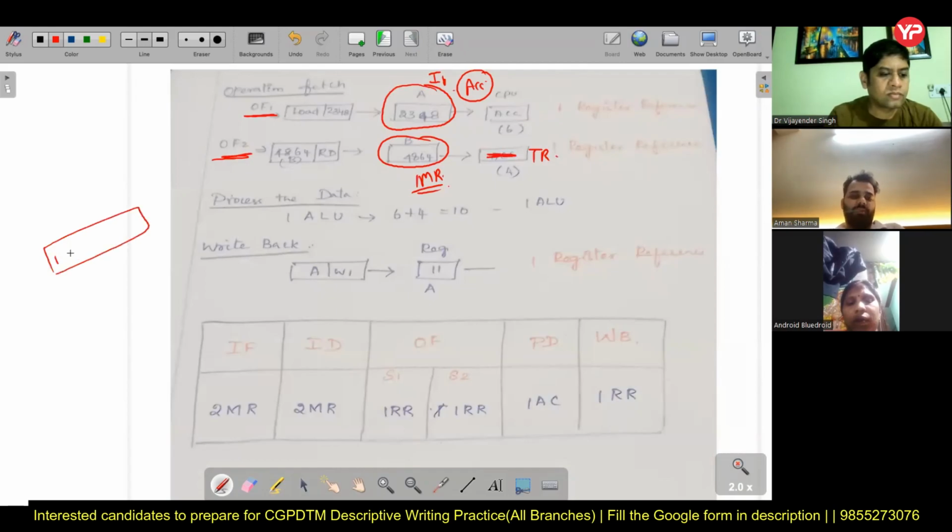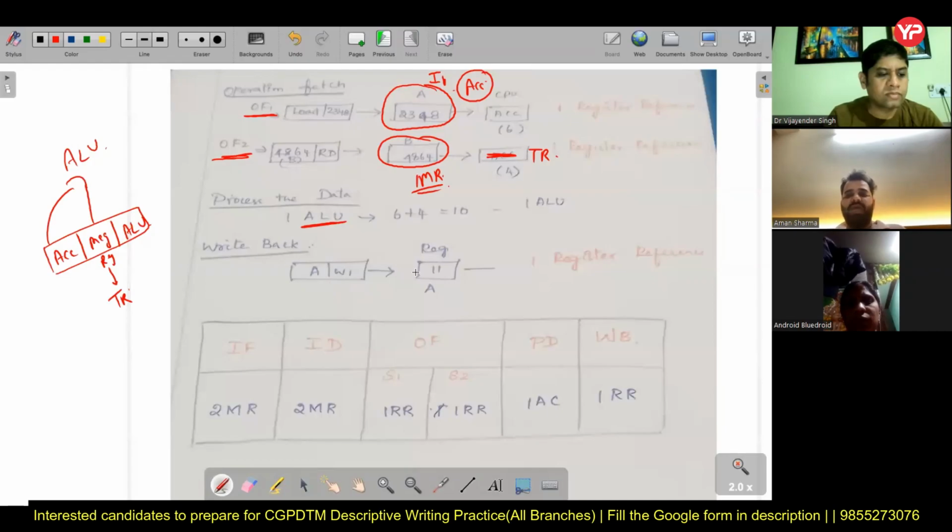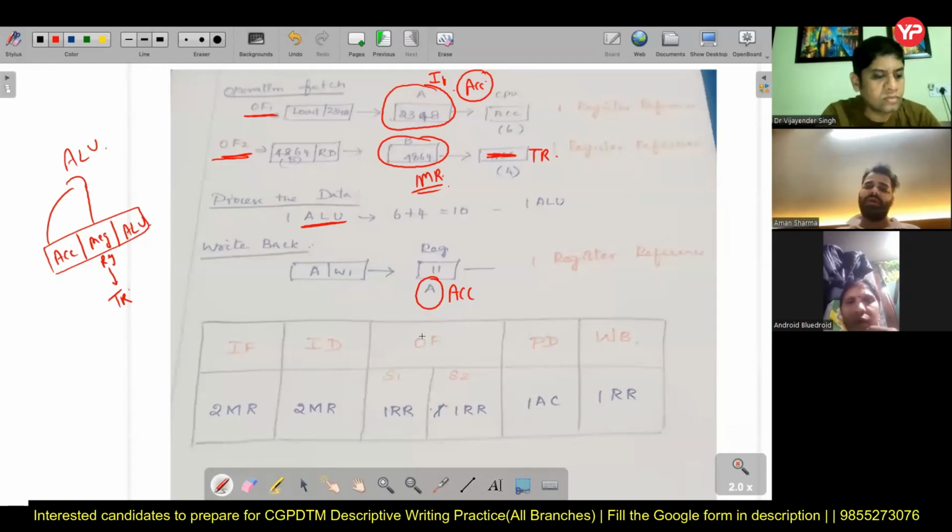One operand is stored in the accumulator, the other is brought from memory or register and stored in the TR, and then they are fed to the ALU where it will perform the operation. Then the result will be stored back into the accumulator, not into the memory reference of A. So there are multiple things that you need to correct, whether regarding the writing of the answer or the conceptual part of the question.